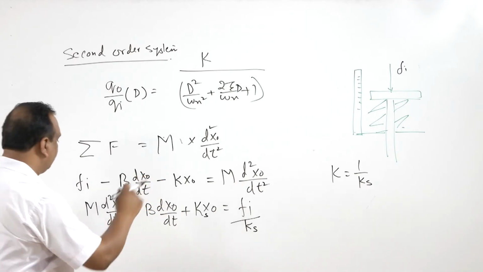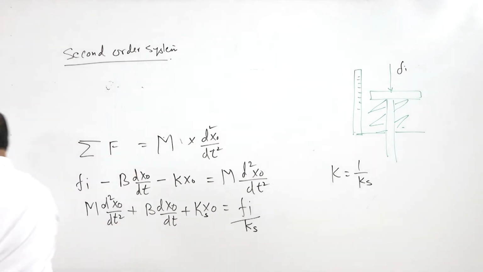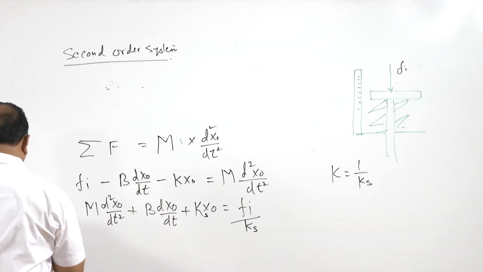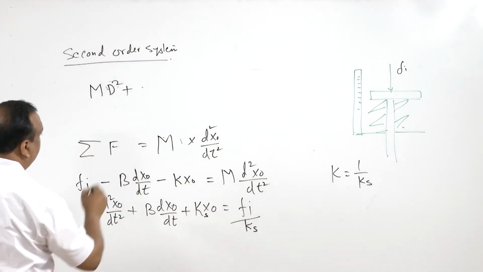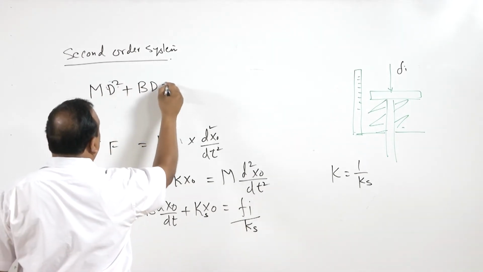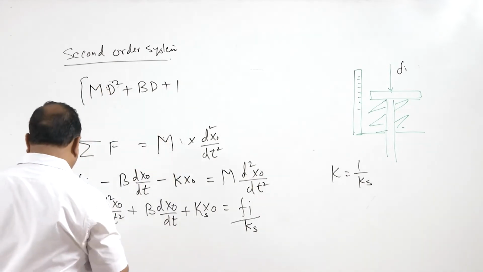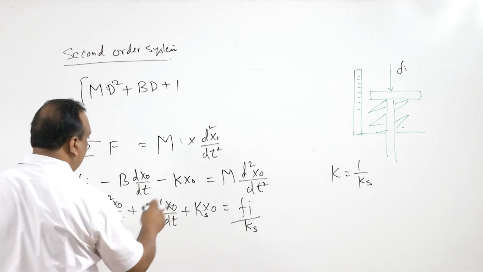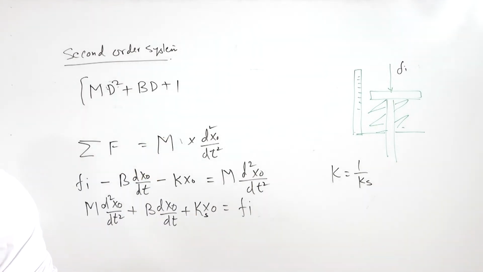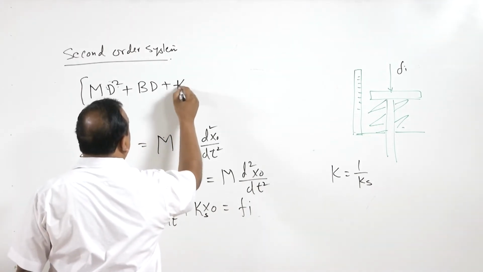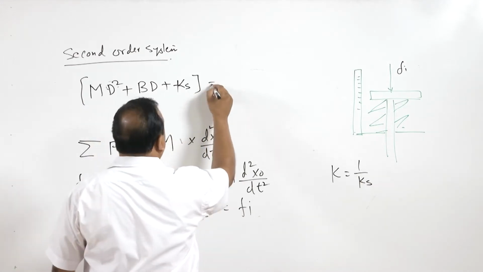This is the sensitivity of the instrument. So further we can modify this equation as (M by Ks D squared plus B by Ks D plus 1) xo is equal to Fi by Ks.